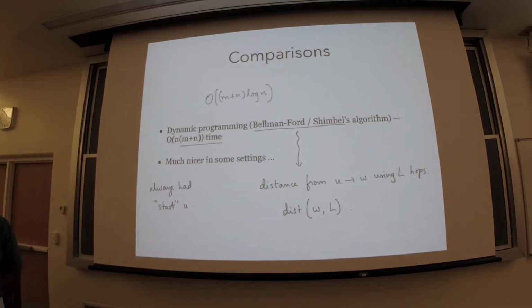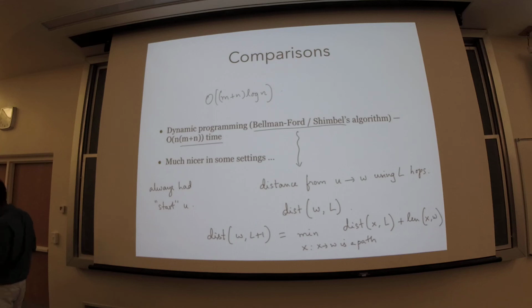So the distance to w using L plus 1 hops is the min over x such that xw is an edge, of the distance to x using L hops plus the length of the edge xw.